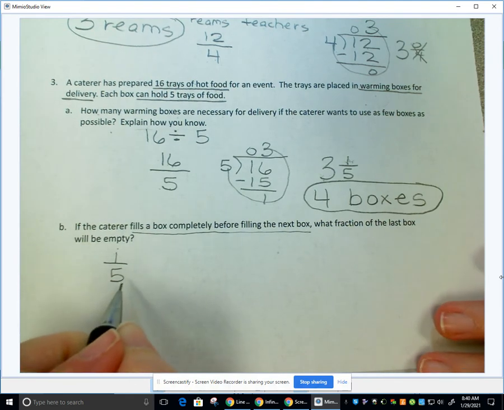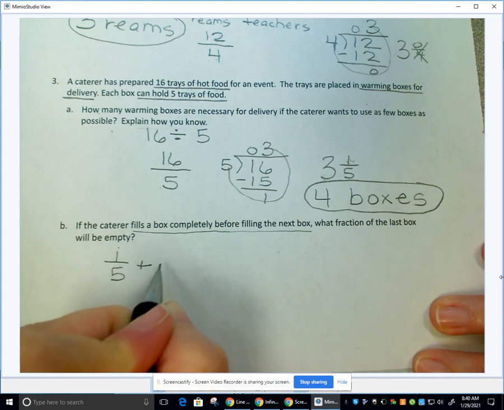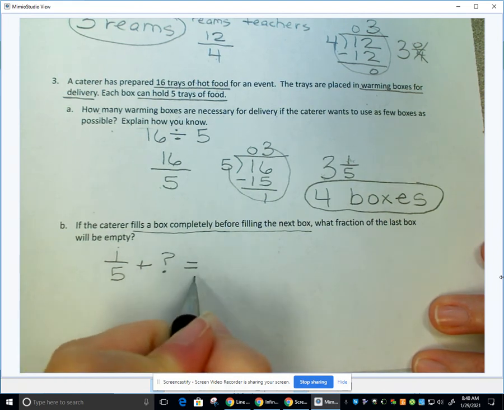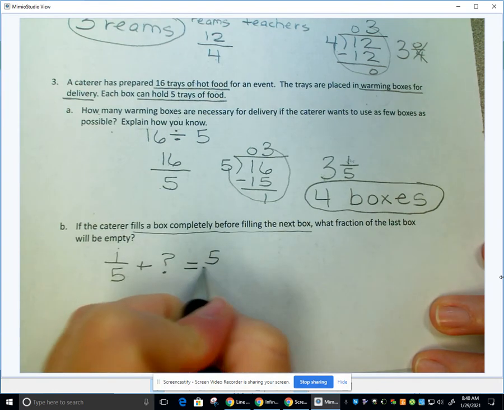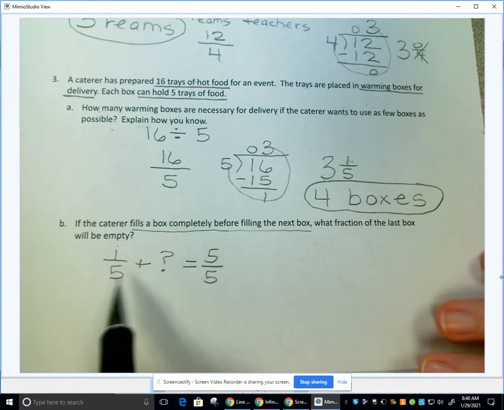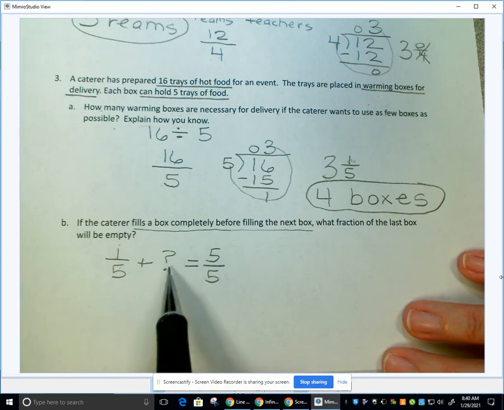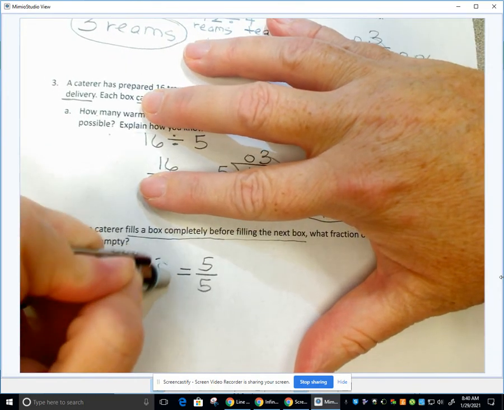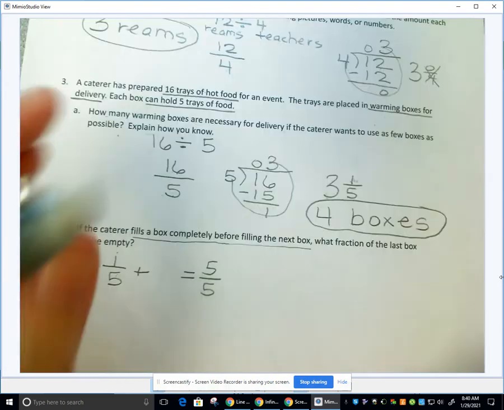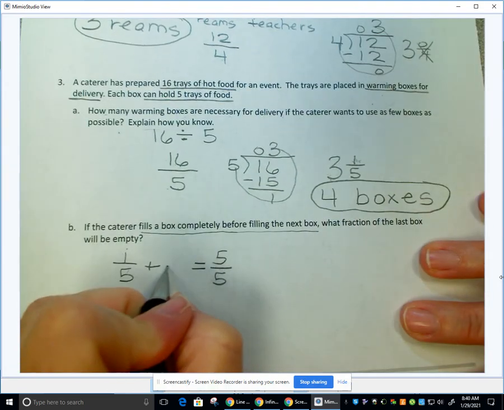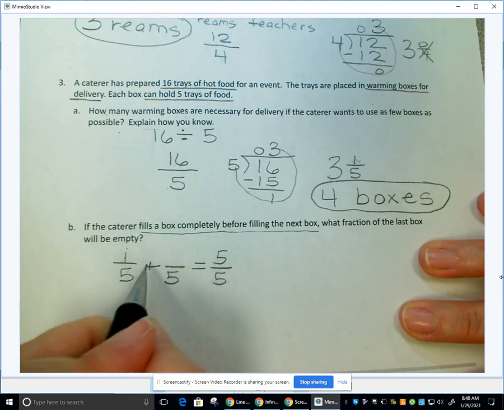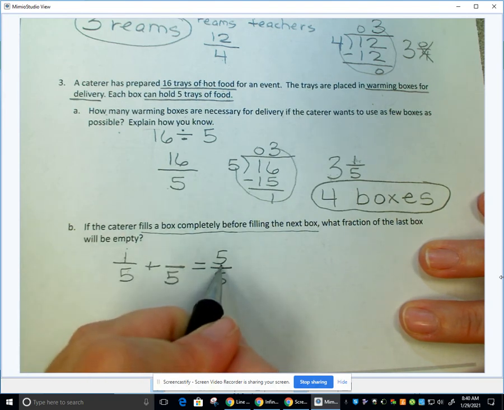And now we know we've got to add 1/5 to something to equal 1, which would be 5/5 if it was full. Now, what could I say 1/5 plus what fraction would give me 5/5? I'm going to erase my question mark. We know this is going to be a fraction. We know my denominator will be 5.